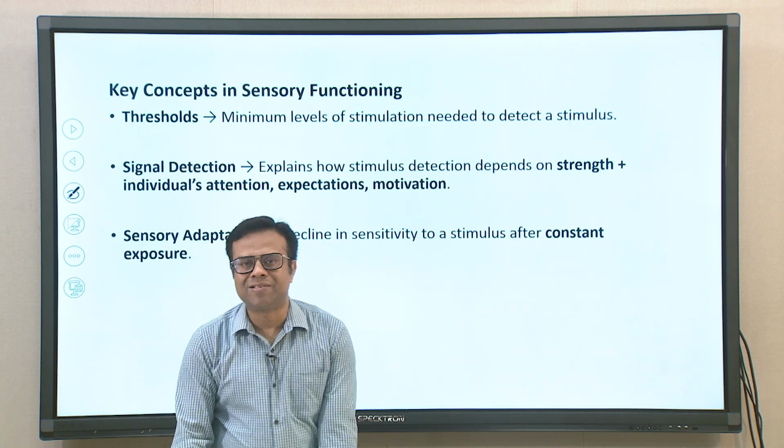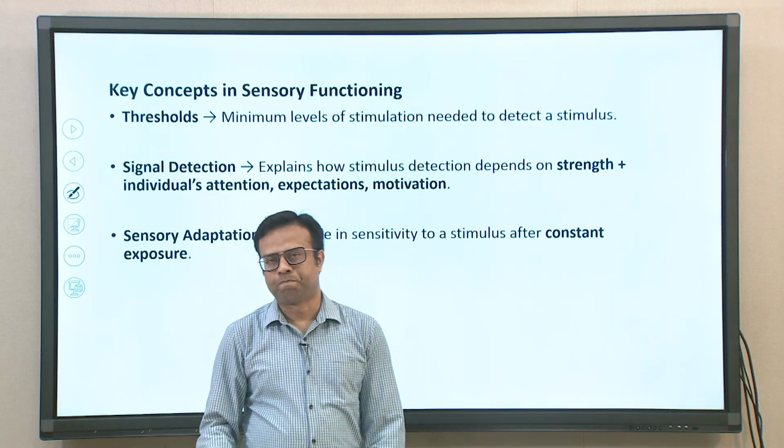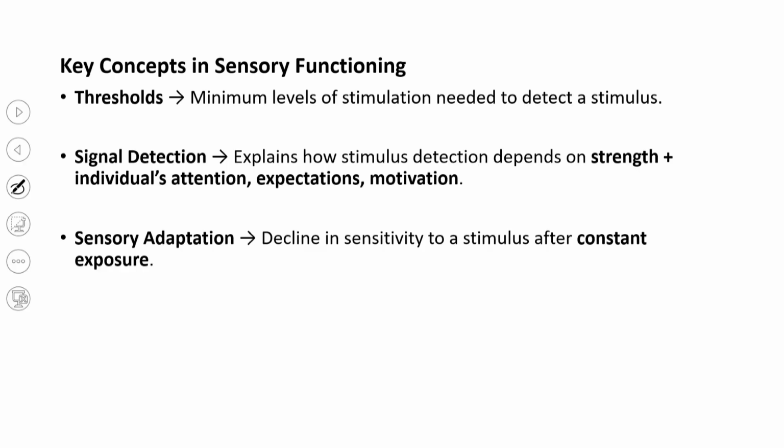Now, when we talk about sensory functioning, or the study of sensation or psychophysics, these three concepts are very important. To understand the concepts of sensation, we need to understand these three aspects. The first is the concept of threshold. We will talk about each of them. It is about the minimum level of a stimulus which can be detected.